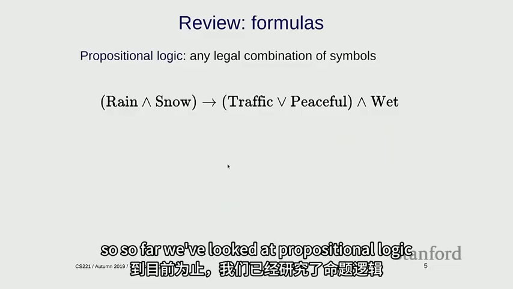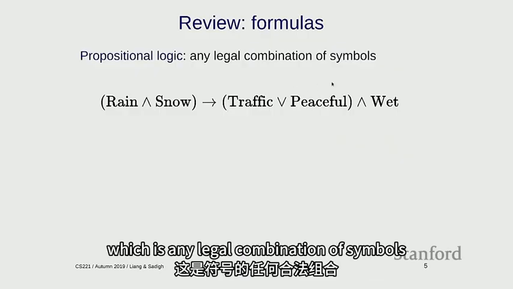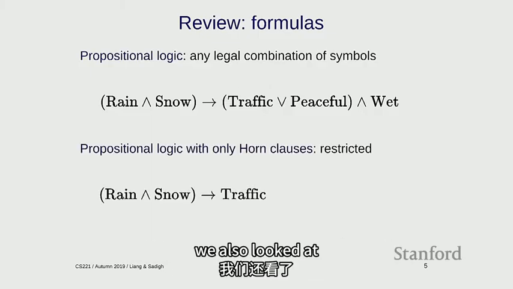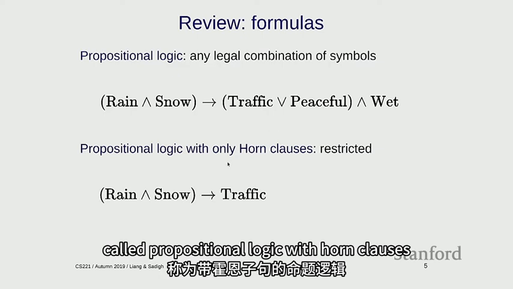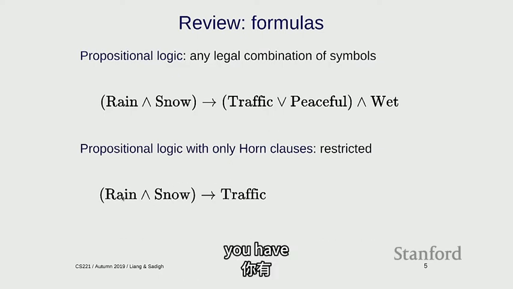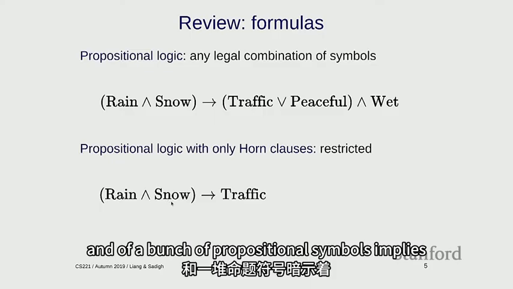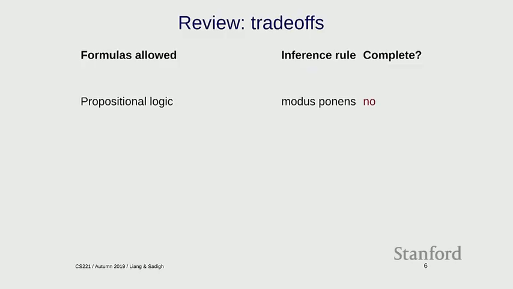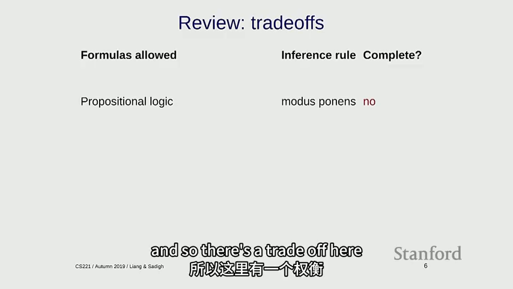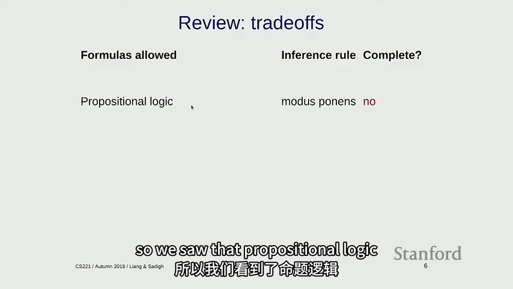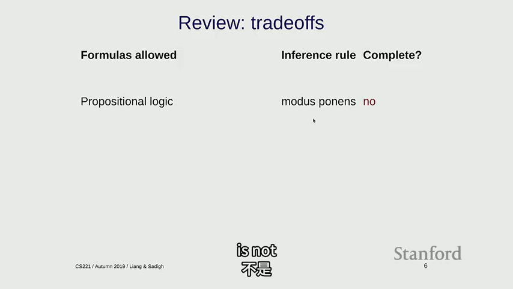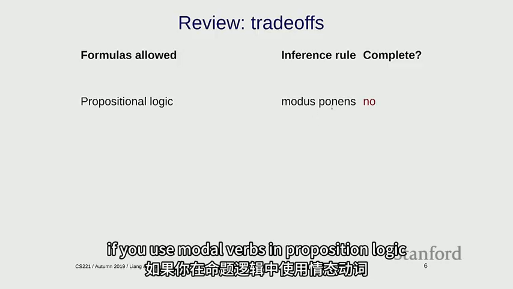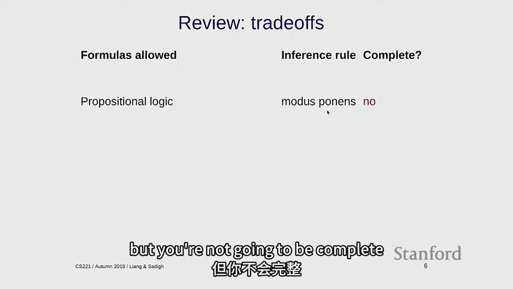So far we've looked at propositional logic, which is any legal combination of propositional symbols and their connectives. We also looked at a subset of that called propositional logic with Horn clauses, where all the formulas look like this: you have an and of a bunch of propositional symbols implies some other propositional symbol. And so there's a trade-off here. We saw that if you use modus ponens in propositional logic, you're going to be sound, but you're not going to be complete.